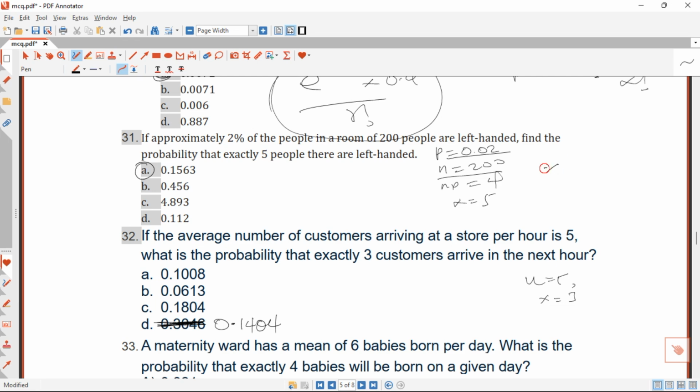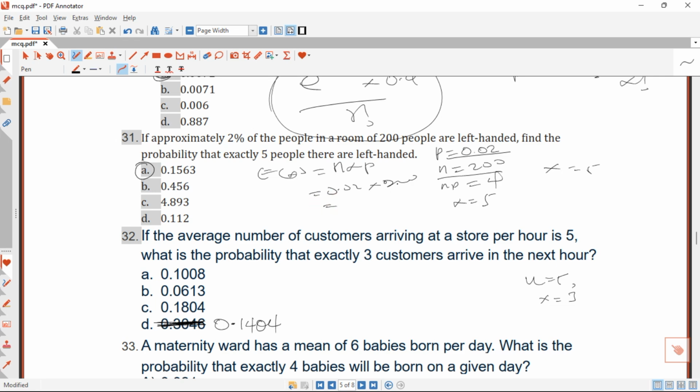And then we have been given our x to be equal to 5, and this is typically a Poisson distribution question. For Poisson distribution, you don't use p and n to solve anything. What you need is our expectation and our random variable. So we know that expectation for Poisson distribution is given as n times p. So we are going to have 0.02 times 200.